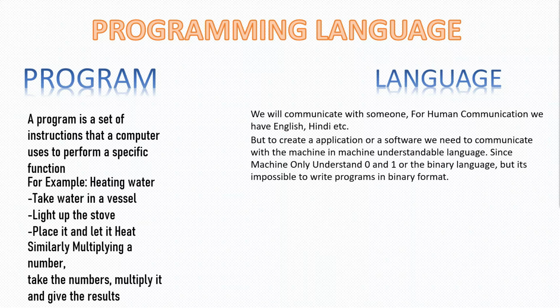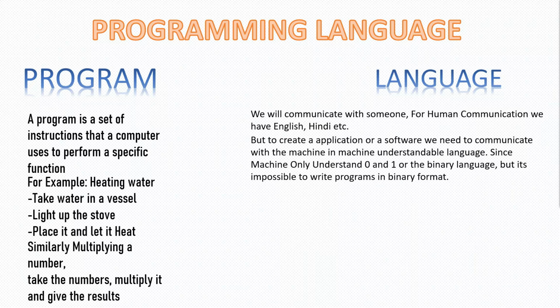The machine only understands the binary language, that is zeros and ones. Since it understands only 0 and 1, we have to give the instructions in binary format. But it is not possible to write a program in binary format.